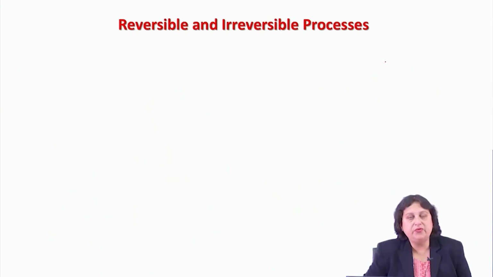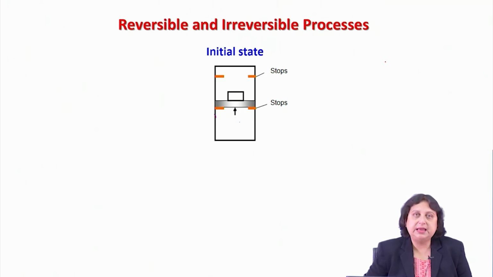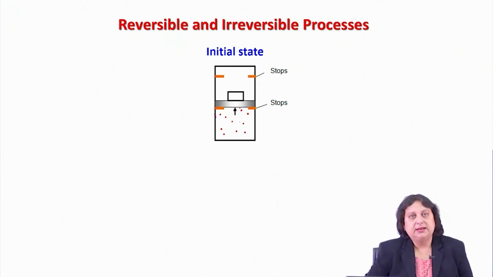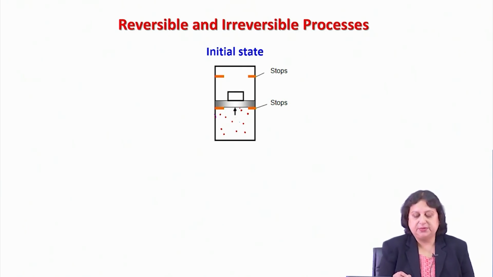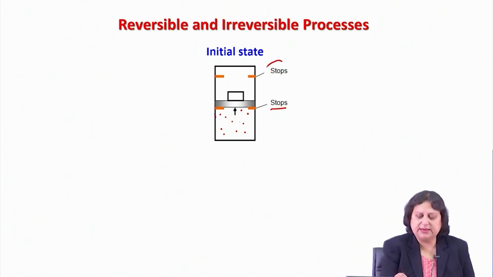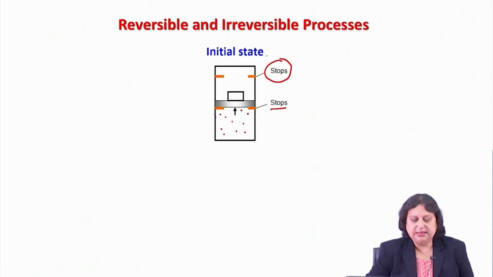So let me take an example and see how we experimentally realize these two processes. I will start with the same system, same initial state, where a gas is contained within a cylinder and its volume is fixed by putting a set of stops on the bottom of the cylinder. There is a second set of stops here, but in the initial state, I am not using them.